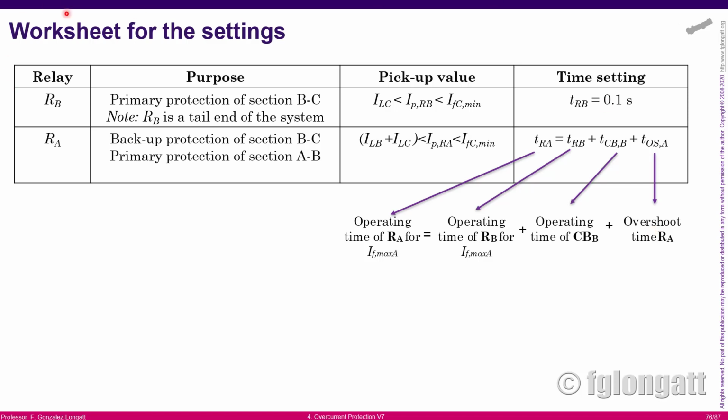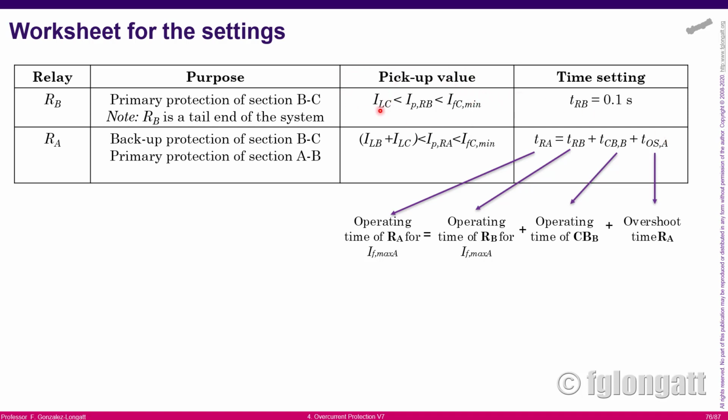For relay B it is extremely simple. For the time setting, we use the minimum setting, that is 0.1 seconds, because there is no other relay below. If we had another relay downstream of this relay, we would need to consider all the times: circuit breaker time and overshoot time.